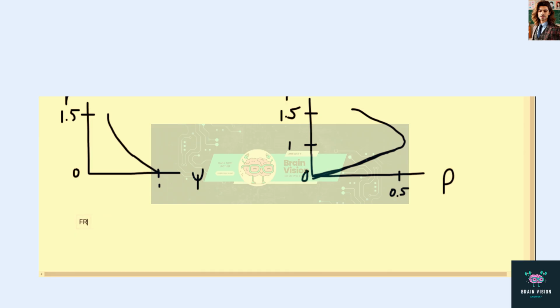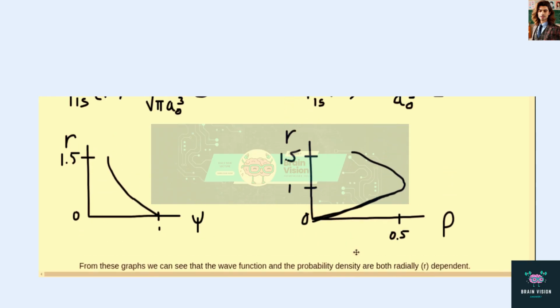So we can just say from these graphs, we can see that the wave function and the probability density are both radially dependent. Radially meaning r. And the graphs, as well as that statement, are the solution to our question.